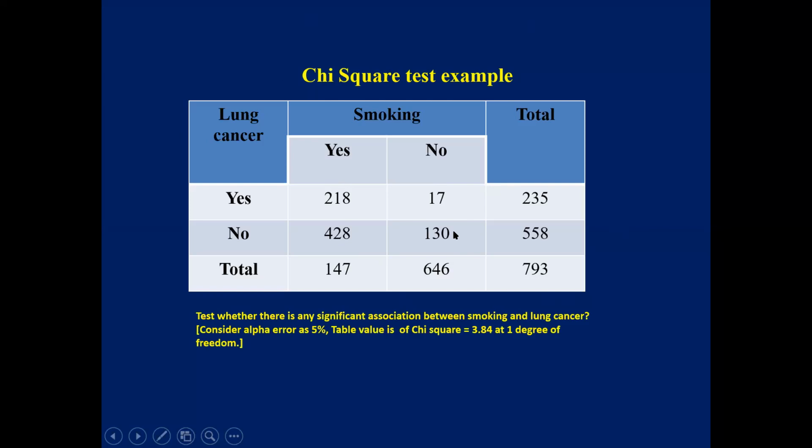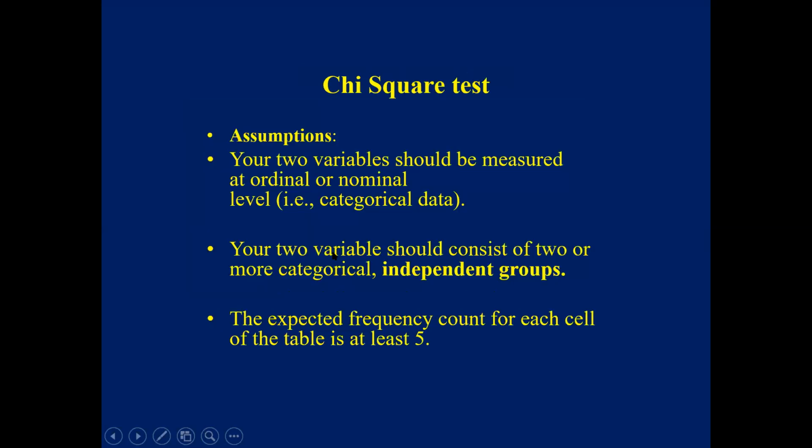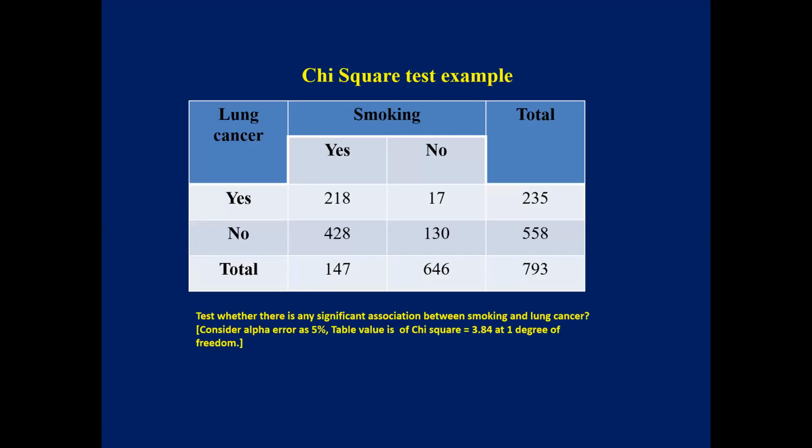But if you're dealing with small sample size data, there is more chance that you might get 5 or less than 5 in any of these individual cells. In that case, you have to check whether you can apply the chi-square test or not.